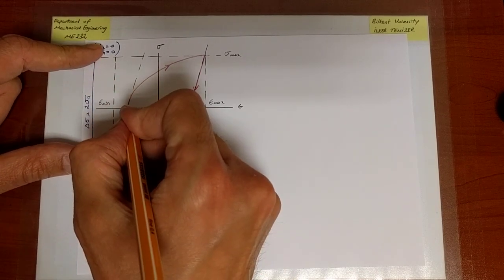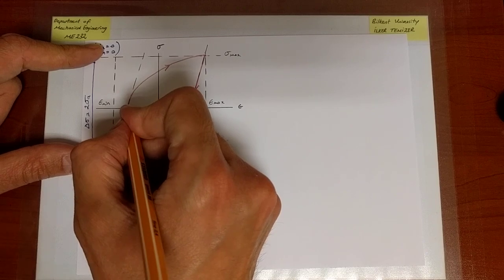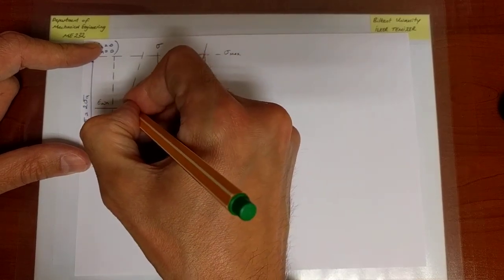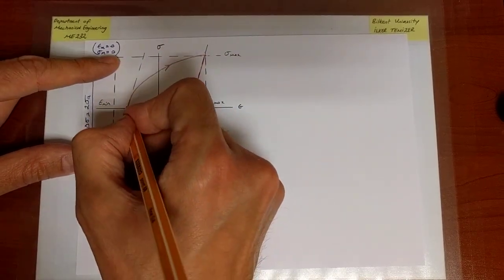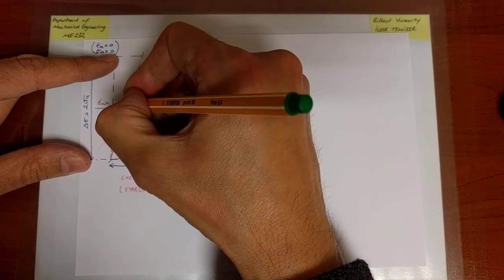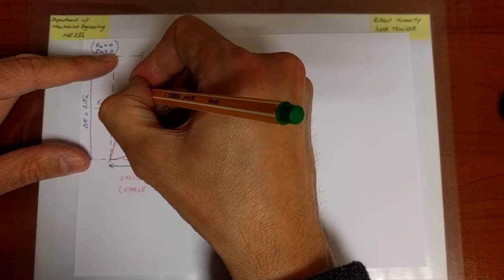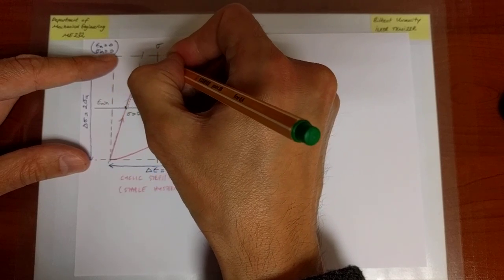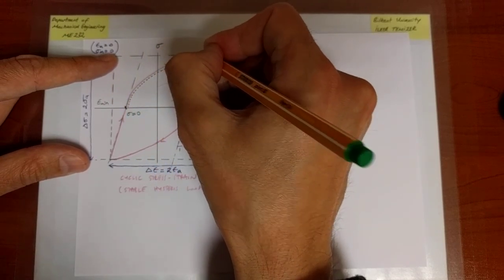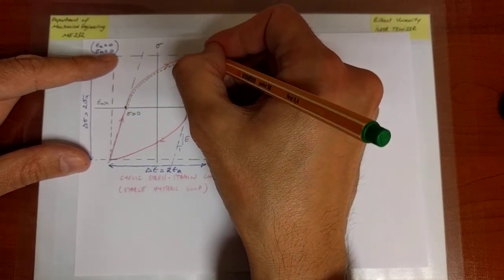So overall, I see that if I go from this point, suppose, and I keep loading at a state of 0 stress, and suppose I take this specimen and I load it, I reach max strain and therefore max stress, and then I unload back.